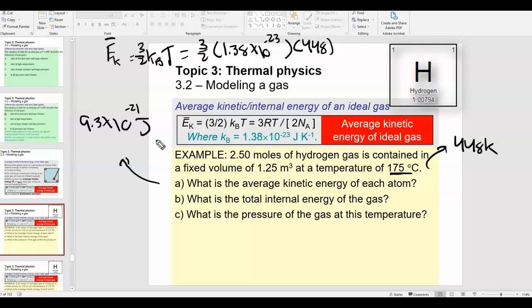B says, what is the total internal energy of the gas? Again, if we're assuming it's an ideal gas, then we're assuming that there's no internal potential energy because we're making the assumption that the gas particles don't have intermolecular forces between them. If we make that assumption, then the total internal energy is just the sum of the kinetic energy of each individual atom.